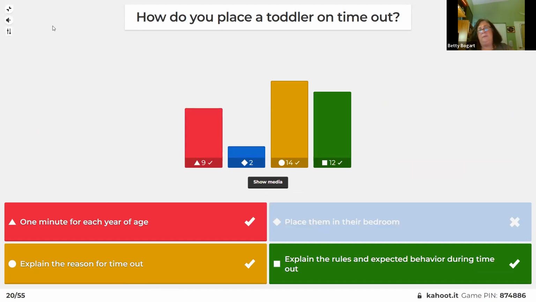They hit their brother, bit their brother, whatever. So it's 1 minute per age. You need to explain to them why they're on timeout and what the rules are when they're on timeout. When you are quiet, you'll need to sit there or we will restart. We can't start the minute or 2 minutes until you are quiet and you're sitting down. So after they're sitting down, you start the clock, 1 minute, and they understand, and that's what you should do.